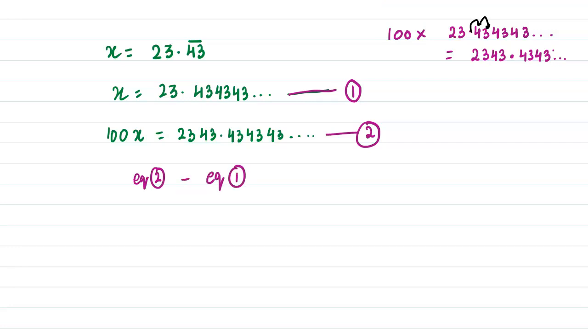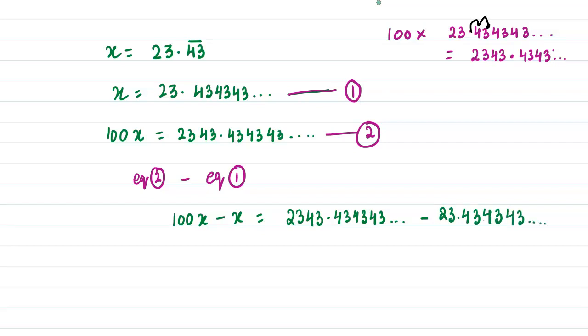So we are going to get 100x minus x equals. So after subtracting, we will get 2343.434343 endlessly repeating minus 23.434343 endlessly repeating. So let's do this in our rough work and see what we get.